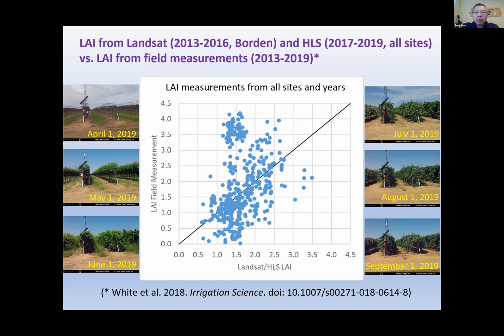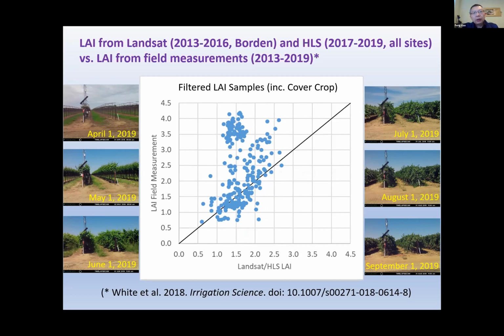So we filter out those measurements that did not include the cover crop, and only keep those that include both vine and inter-row cover crop measurements, or where there is no cover crop. That's the filtered result. We removed some lower values from the measurements, but we still see the high cluster here, where Landsat or HLS underestimates leaf area index.